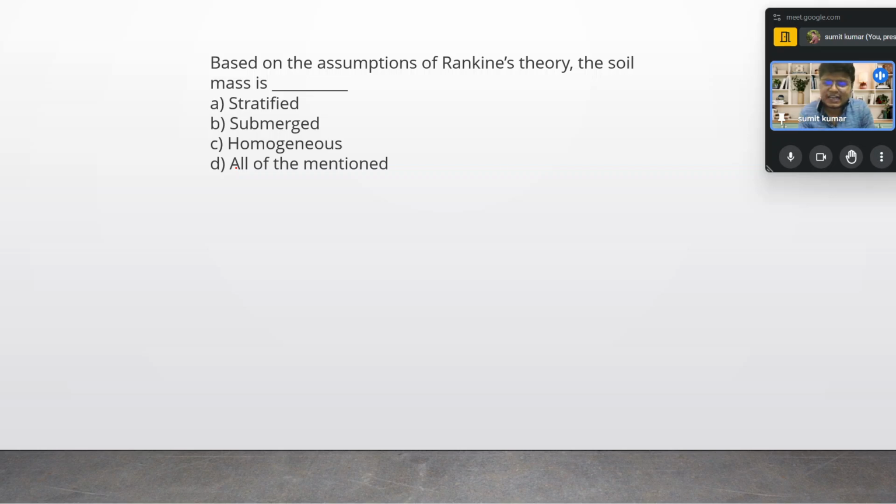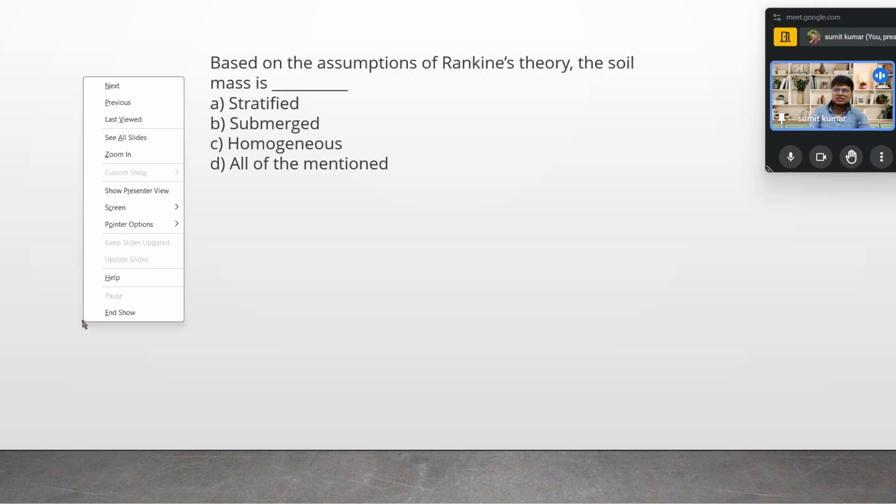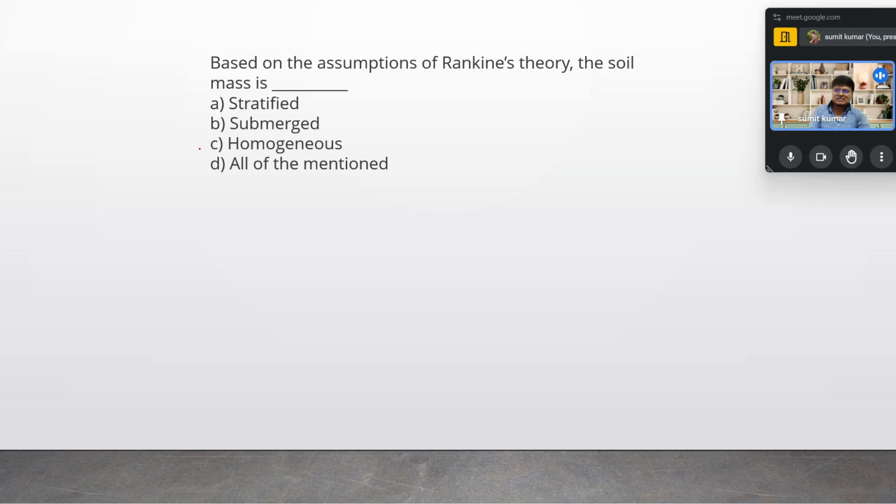We have read in the Rankine theory that soil is assumed to be homogeneous and isotropic, but we have not talked about anything like stratified or submerged. So the correct answer needs to be homogeneous.